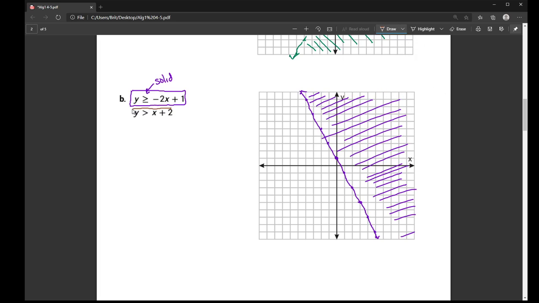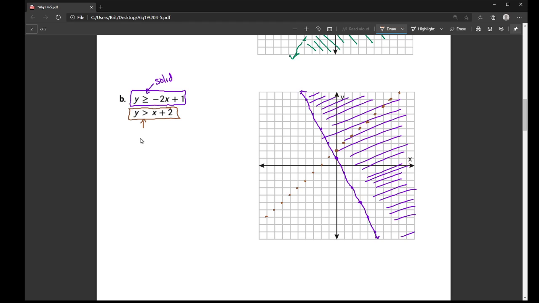So then for my second inequality, my y-intercept is at 2, and my slope is 1, so I'm going to rise 1, run 1, over and over and over again. So it's going to look something like this. And then we have to see whether we need a solid line or a dotted line. If we look at the inequality symbol, it can't be equal to.